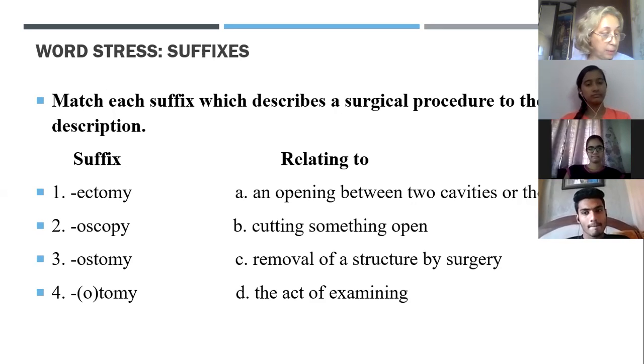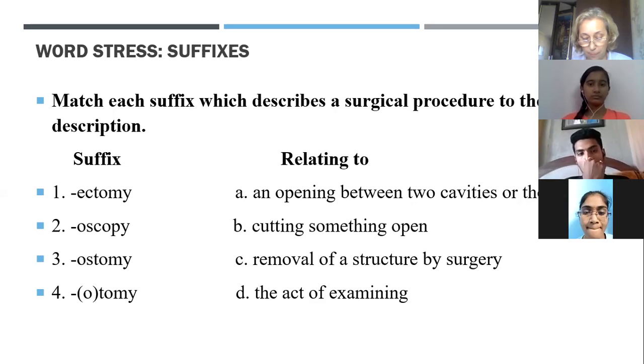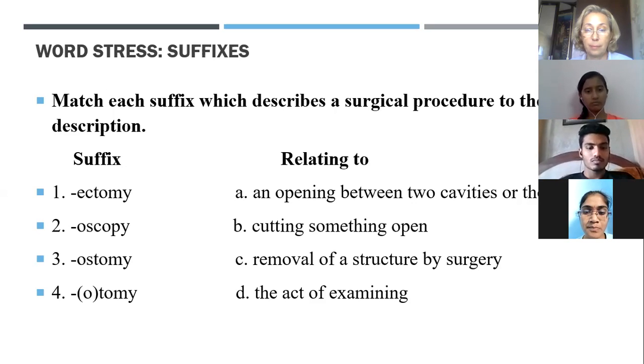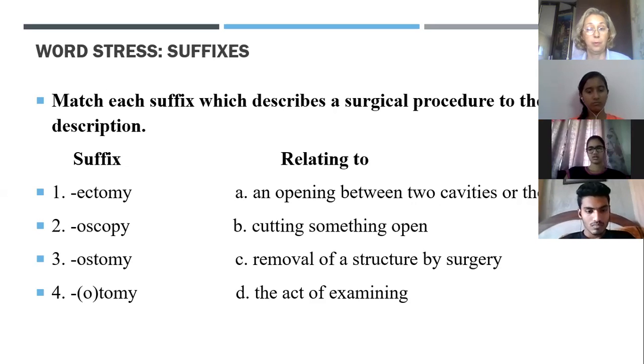Then let us listen to Rohita, number 3, ostomy. An opening between two cavities or to the outside. Any examples? Endostomy. Okay.